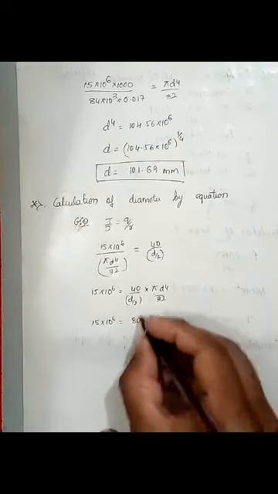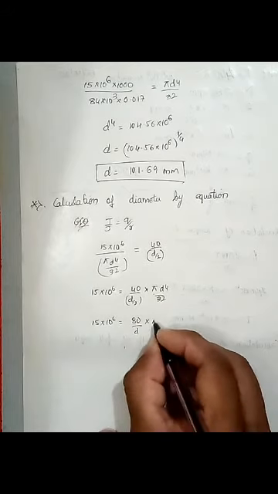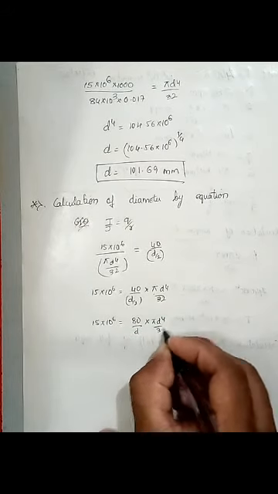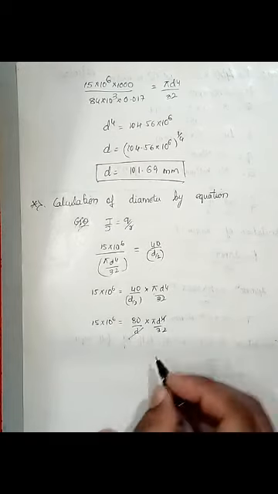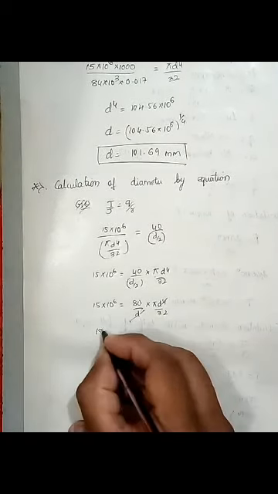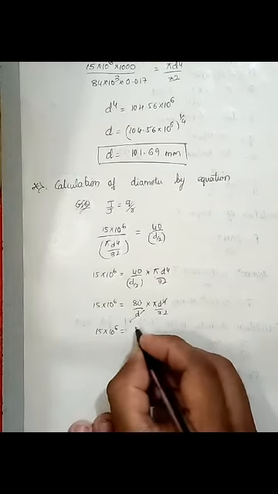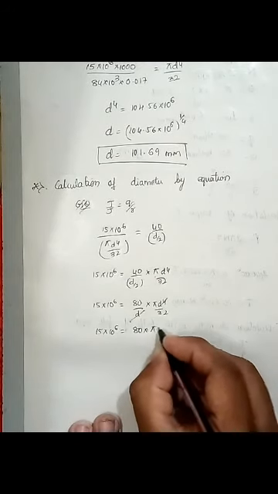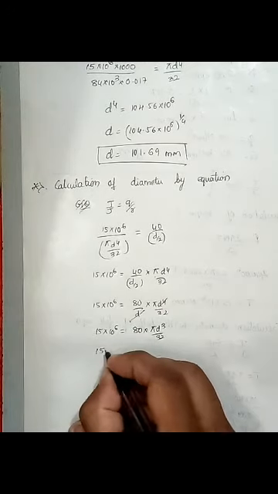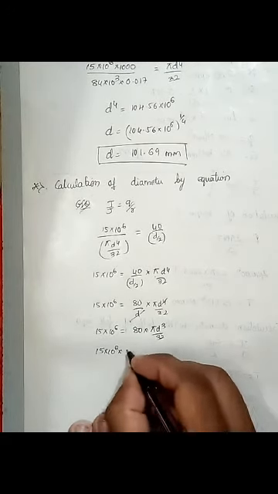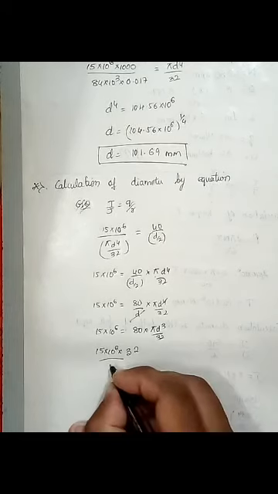This 2 moves up, so it becomes 80 into pi d raised to 4 by 32. Now one d and d out of this cancels. 15 into 10 to the power of 6 over 80 into pi d cube by 32. So 15 into 10 to the power of 6 into 32 divided by 80 into pi equals d cube.